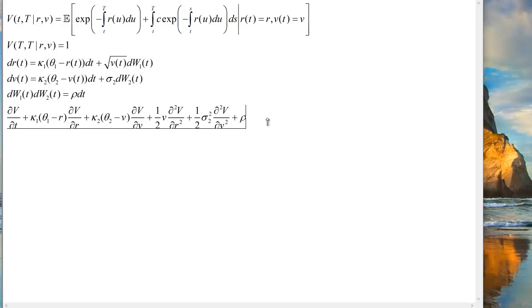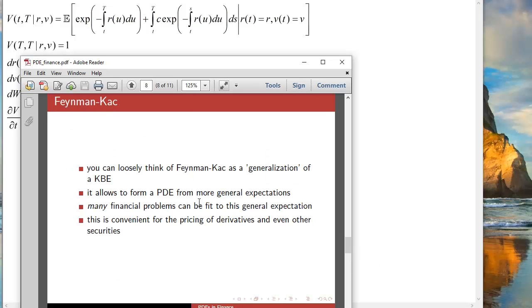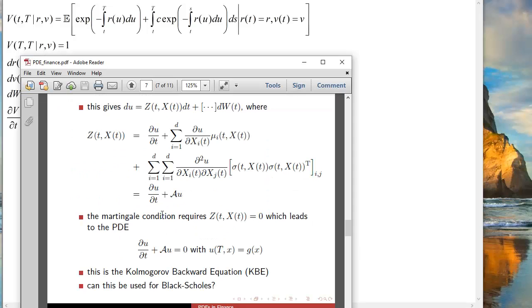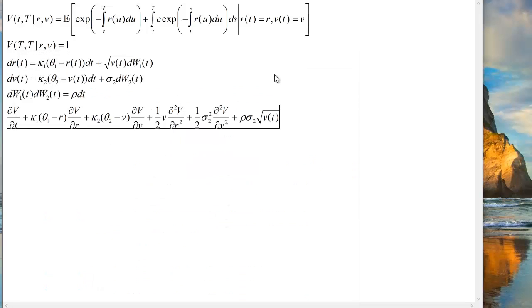It again comes from the infinitesimal generator here. So if you got into details of this, you would get the mixed derivative as well. Okay.